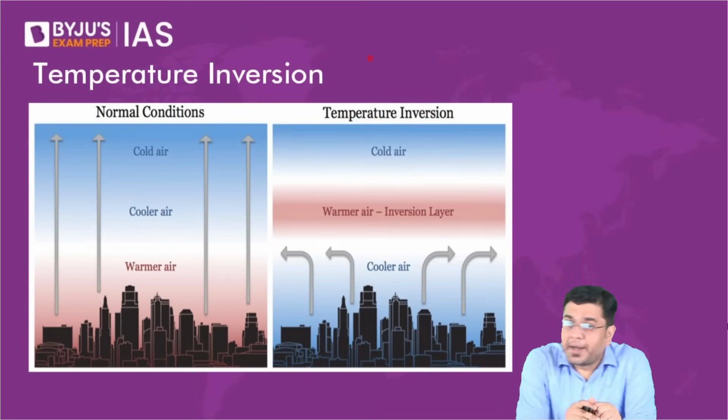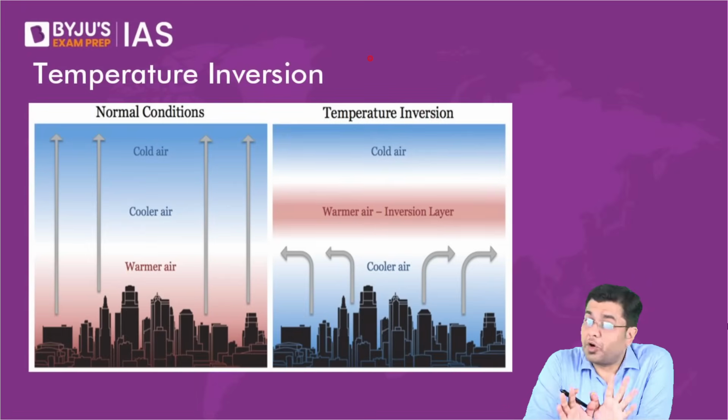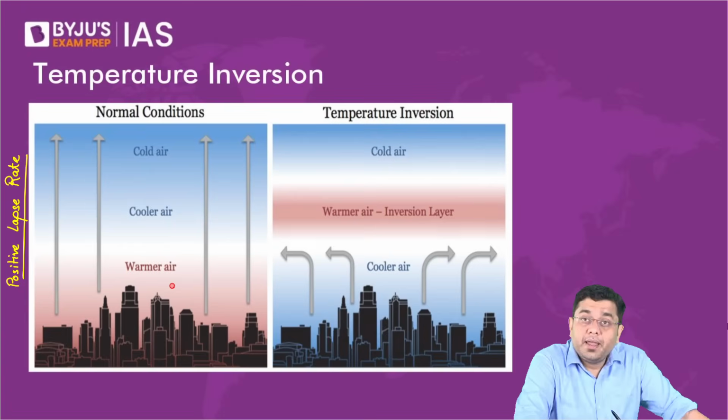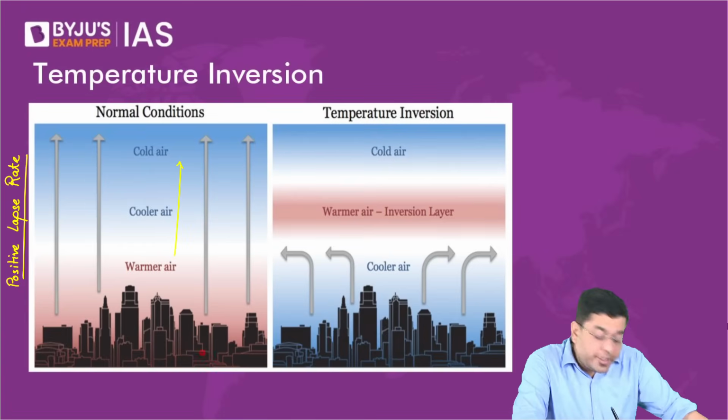So under normal conditions, we do know that in the region of the troposphere, we have a positive lapse rate. When we have a positive lapse rate, what does that mean? That means as you move higher up, the temperature tends to reduce, isn't it?